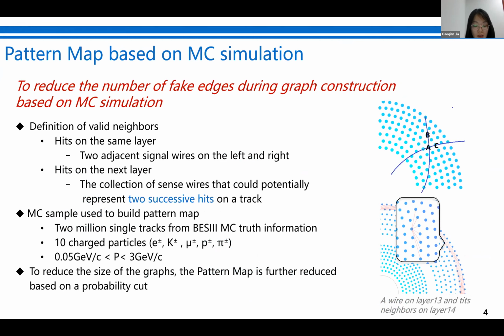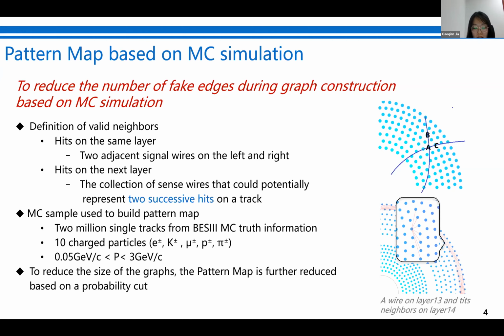To address this problem, we have established a so-called pattern map based on Monte Carlo simulation. The pattern map contains a set of possible neighbors for each sense wire, and only the hits on two sense wires that are neighbors will be assigned an edge.